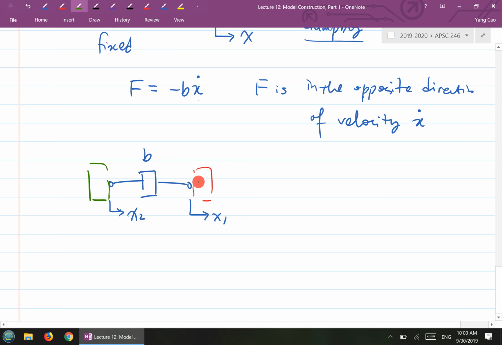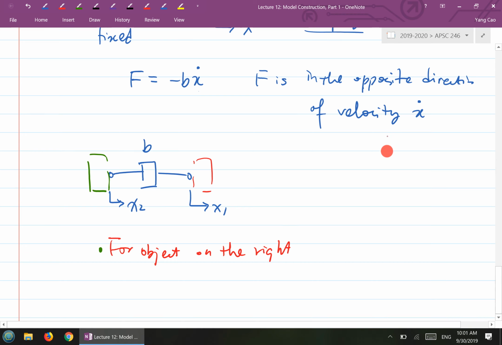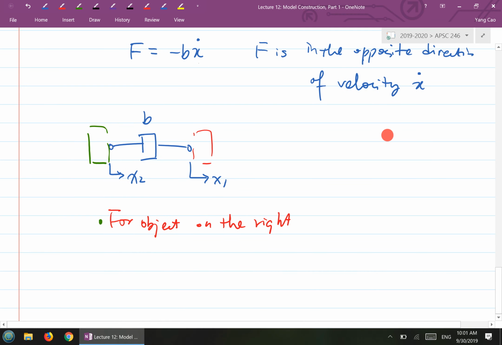If you have an object on the right, there's going to be a restoring force applied to this object.